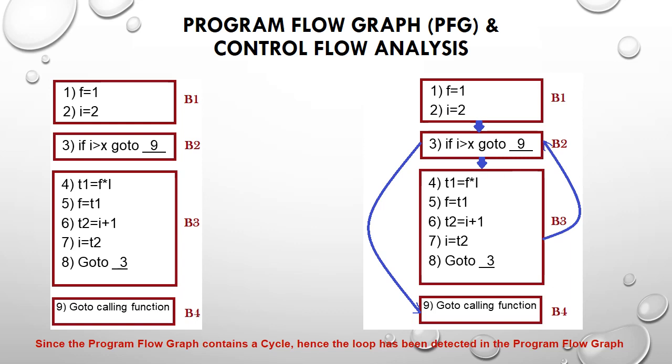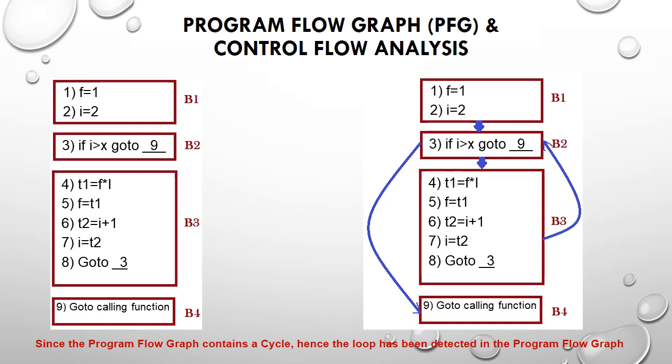Now from B2, which is a conditional statement, we may either go to the B3 block or to the B4 block. If the condition is true, we have to move to 9, that means the B4 block. But if the condition is not true, we have to go to the B3 block. So one flow is from B2 to B3 and one flow is from B2 to B4, depending on the condition.